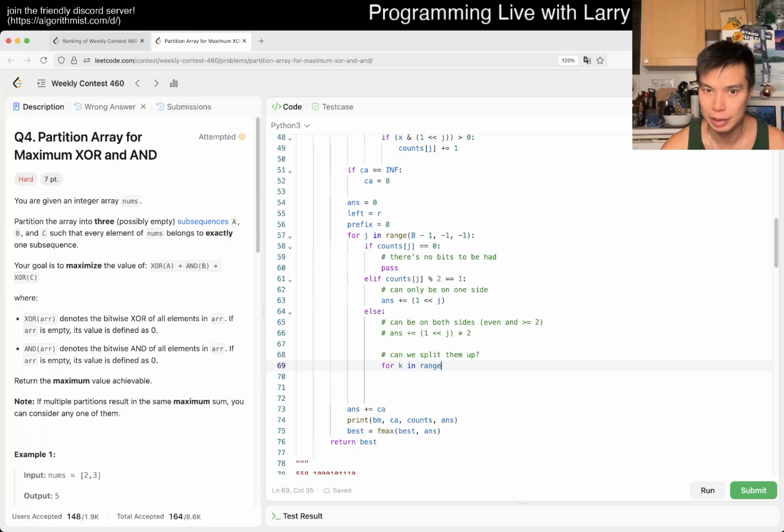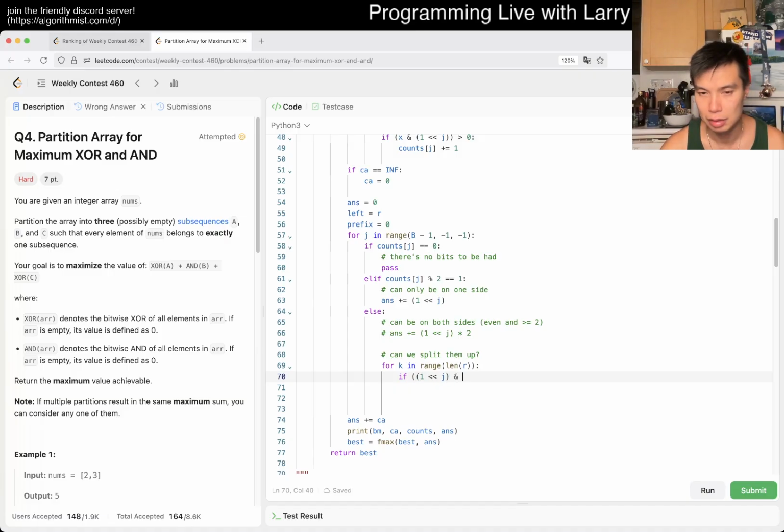For k in range of length of R, we want to say okay. So for which one we want to consider, we want to say if J and, oh, this is in, yeah, maybe it should be just in R, not in range of R. Okay, with this number is greater than 0, that's good.